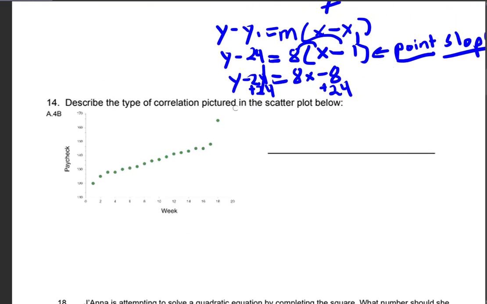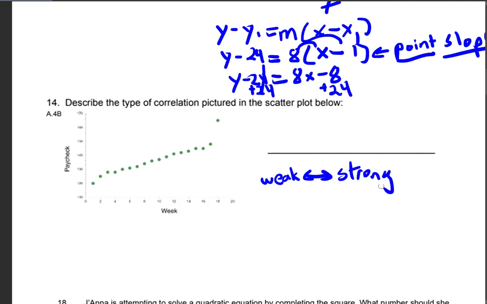All right, describe the type of correlation pictured in the scatter plot below. So let's look at a couple things here. When we talk about correlations, there are two types of descriptors that we use. We use one to talk about their relationship to one another, and there's a continuum that's either weak or strong.